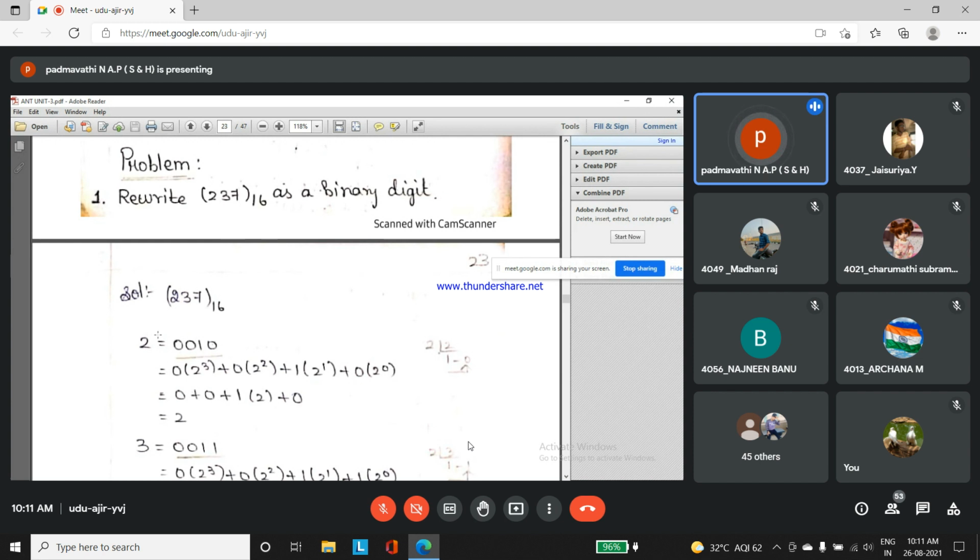To find that, the digit is 2, the number is 2 divided by 2. Find the remainder.